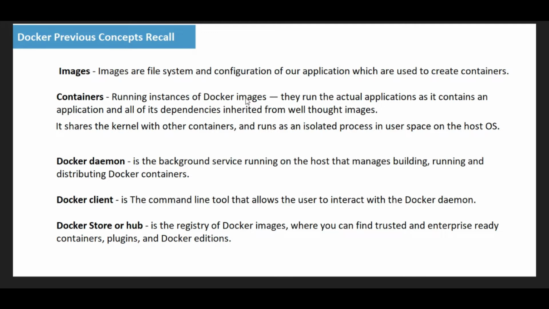The Docker client was the CLI, our command line interface, which gave the commands that were supposed to be done to the Docker daemon. And lastly, Docker Store or Hub was the registry of Docker images where we can find all the different variants of containers, plugins, and so on.